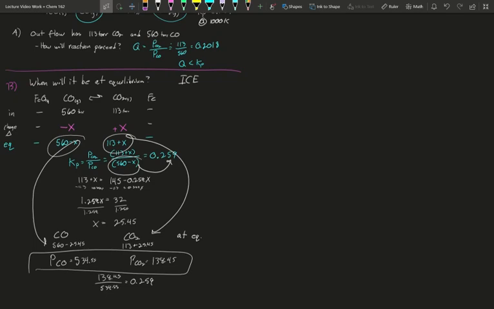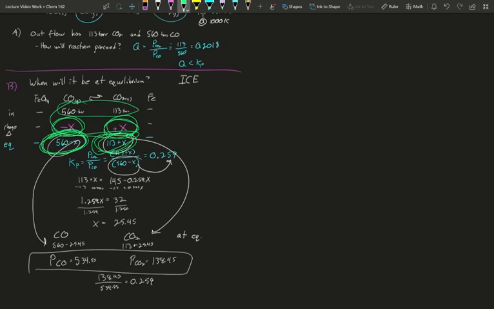And so we used the Q value relative to the Kp to determine which direction our reaction was going to proceed. We then used a nice table to say, for my present amounts, which one's going to decrease, which one's going to increase, so that at equilibrium, it's going to be my present amount adjusted by that change. Whether that's a plus or a minus depends on which direction we're going, but they're going to alter by some amount.